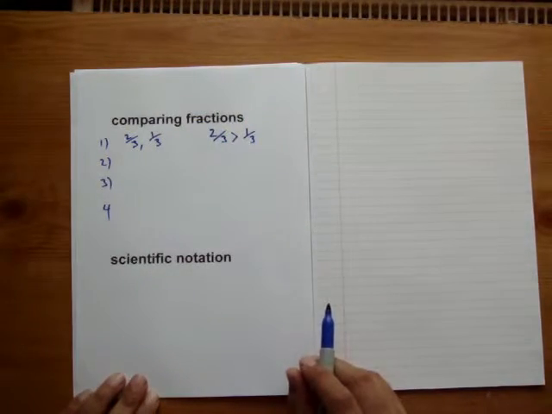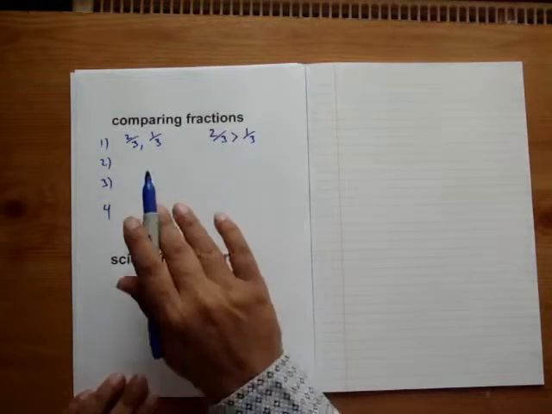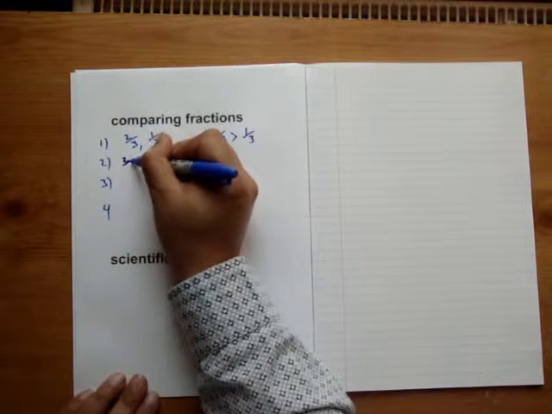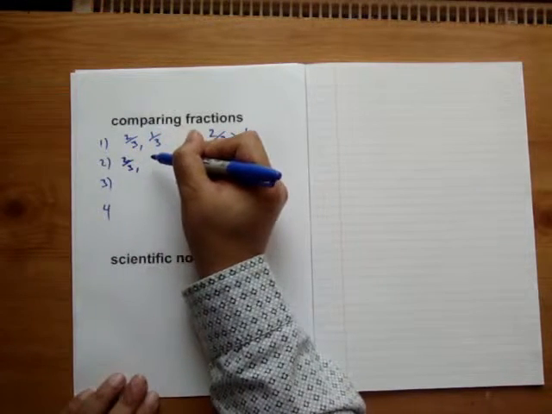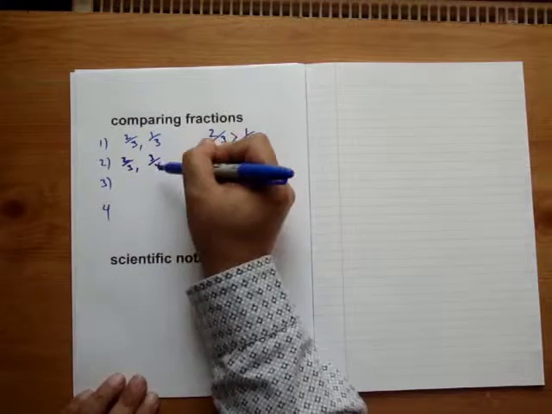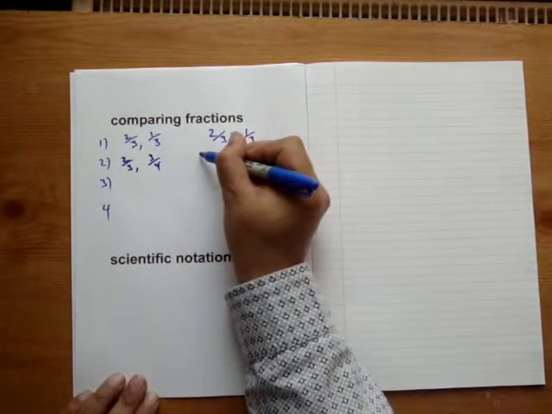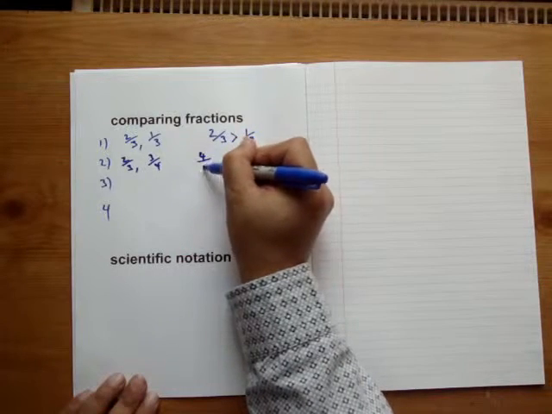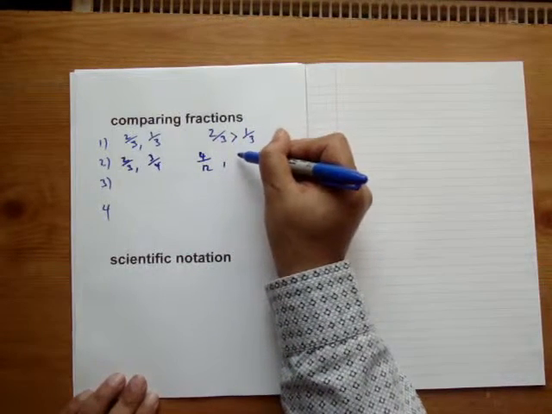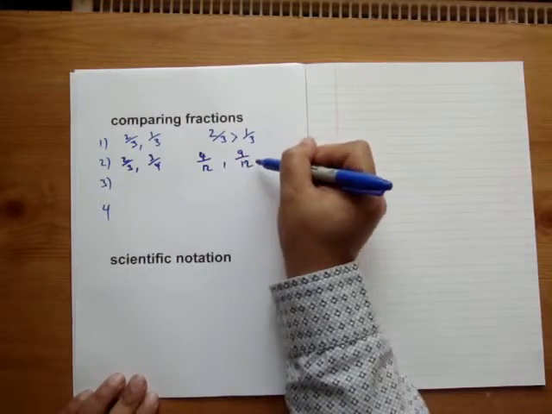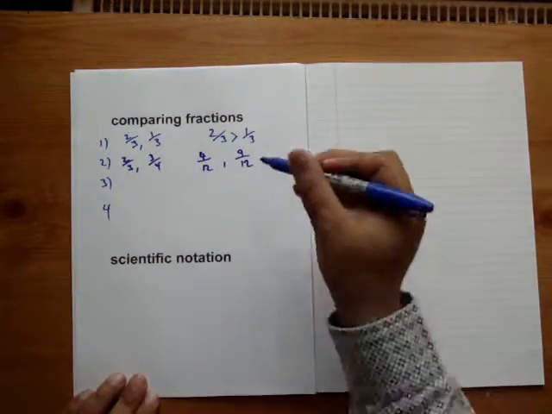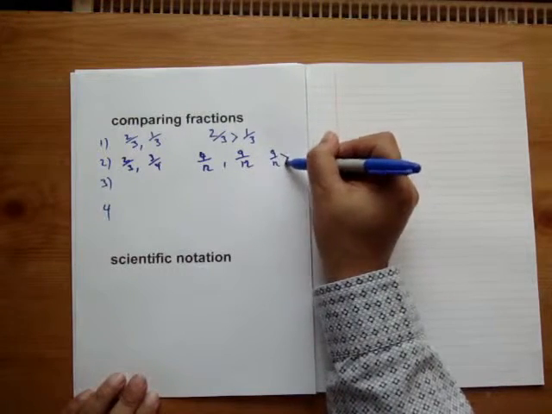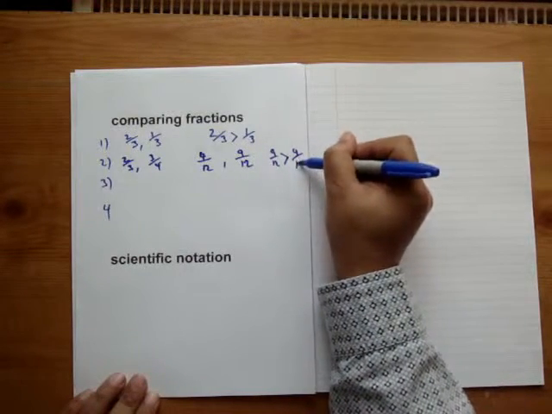The second one is to make an equivalent fraction, to make the denominators the same. So if we were given 2/3 and 3/4, the 2/3 becomes 8 over 12, and the 3/4 becomes 9 over 12. And we can see that the 9 over 12 is greater than the 8 over 12.